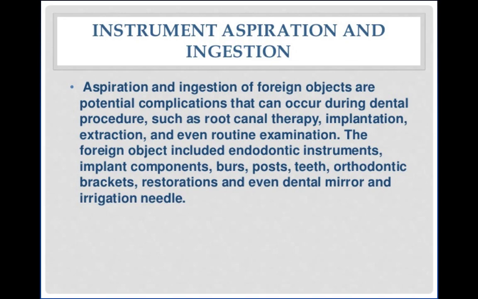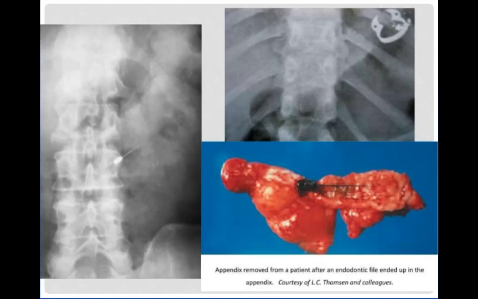The foreign objects include endodontic instruments, implant components, burs, posts, teeth, orthodontic brackets, restorations, and even a dental mirror and irrigation needle. This is the appendix removed from a patient after an endodontic file ended up in the appendix. After X-ray examination and after extraction of the appendix with the endodontic file.